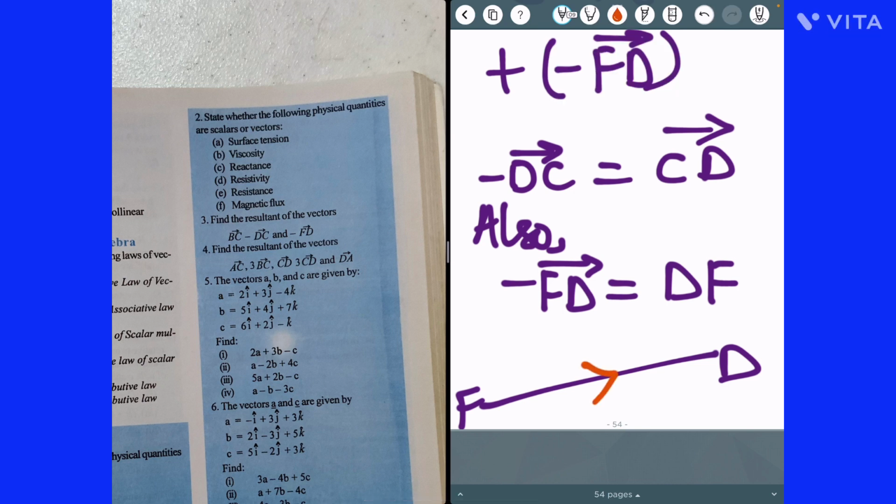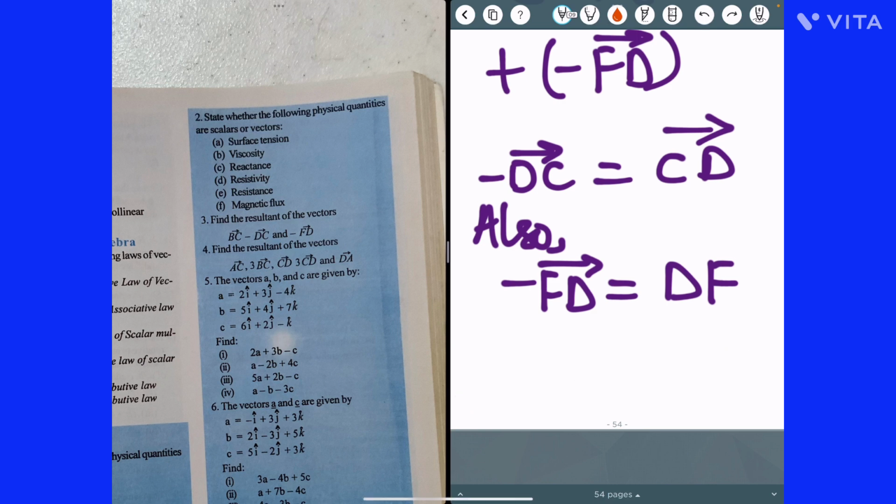So the opposite of going from F to D, which is minus FD, is going from D to F. I hope you get that now. The opposite of going from F to D is minus FD, and that opposite is the same thing as going from D to F. Is that clear? So that means minus FD is the same thing as DF. So take note of that. Very important.